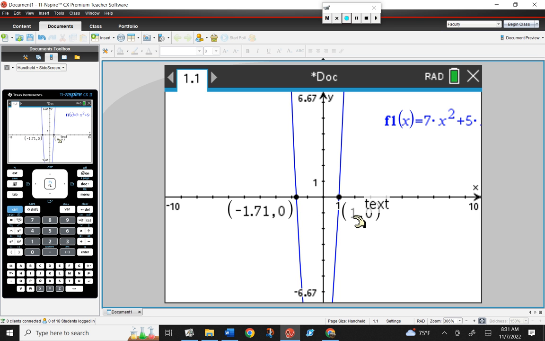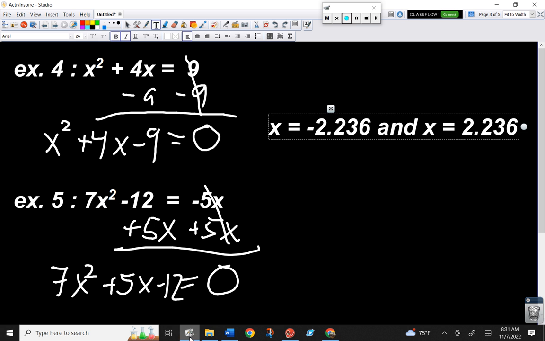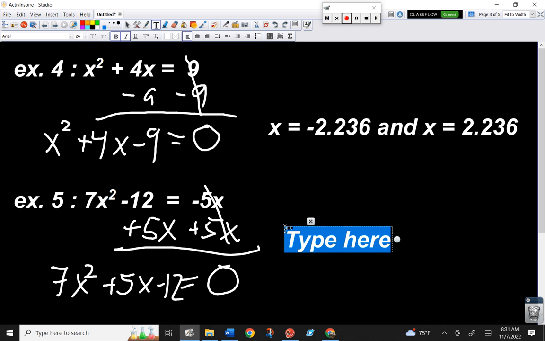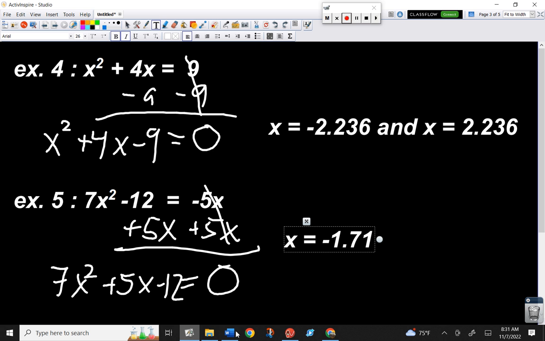So one is at 1, and the other is at negative 1.71. So let's go back over here and say x equals negative 1.71, right? And x equals 1. And that is our solution for that.